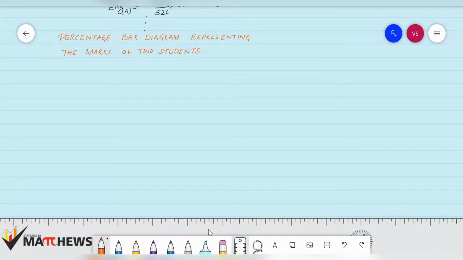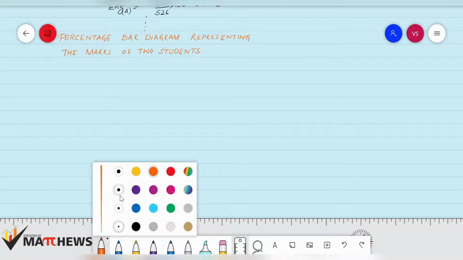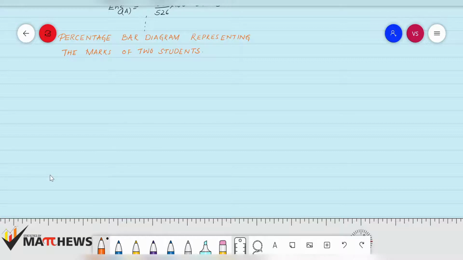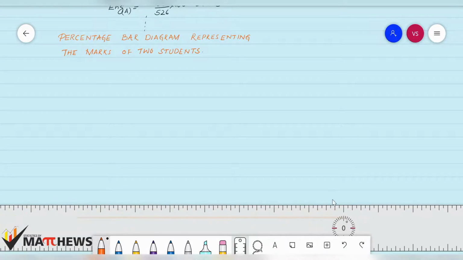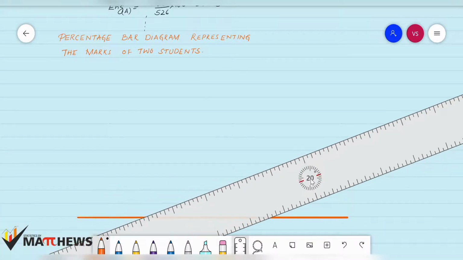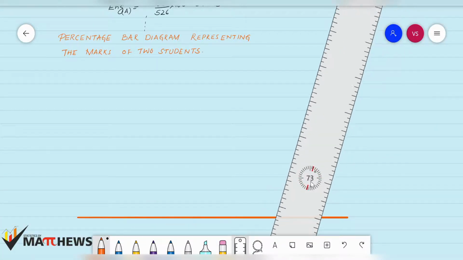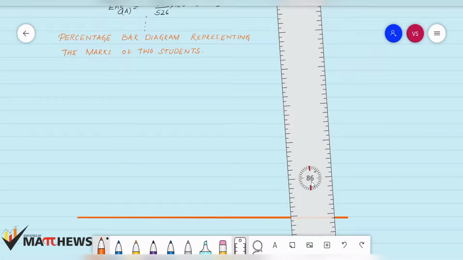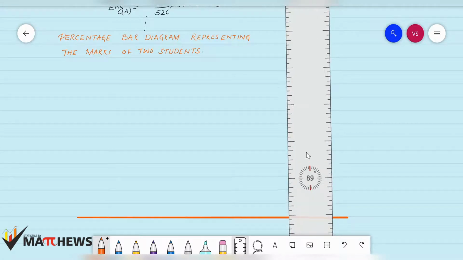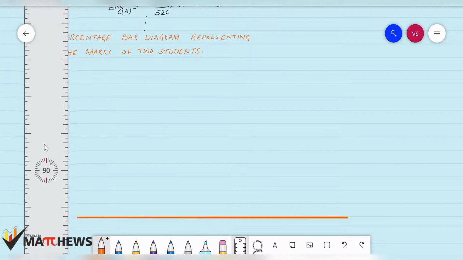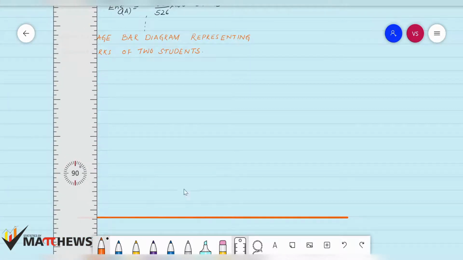I'll draw a baseline for us with a thickened line. This is the baseline for us. And next we have to draw the y-axis. Okay, so this is the y-axis that we have to do.